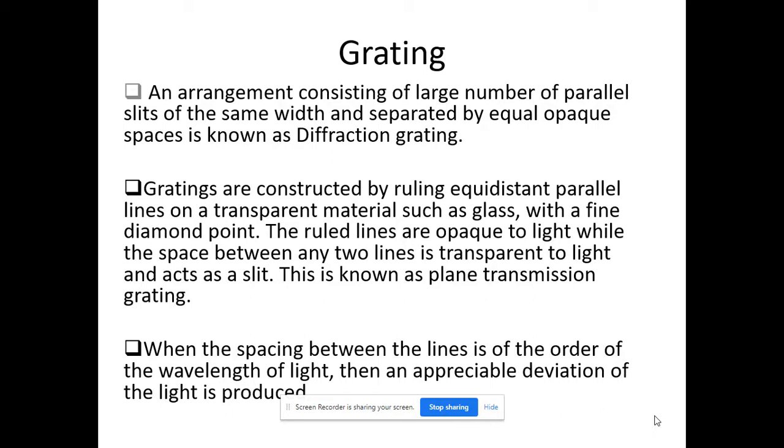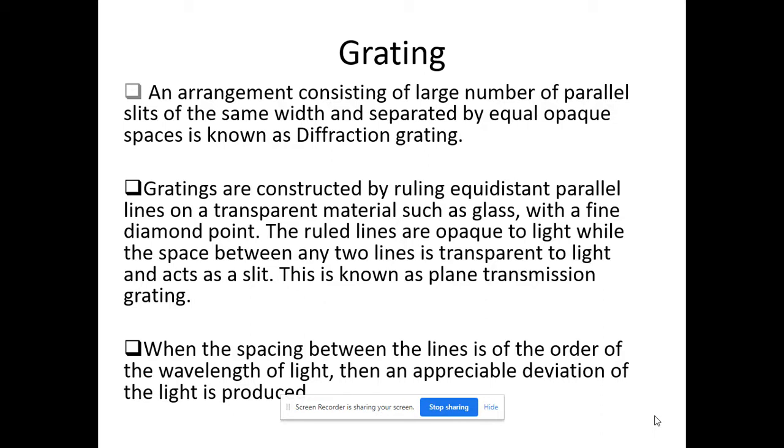The grating is the arrangement by which we can compare the slit size with the wavelength of the light, and then we may observe the diffraction. Gratings are constructed by ruling equidistant parallel lines on a transparent material, such as glass.